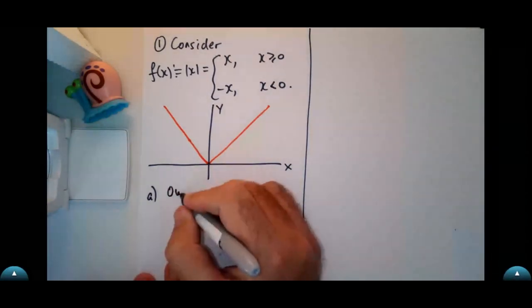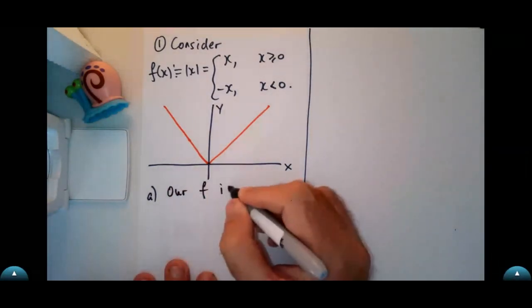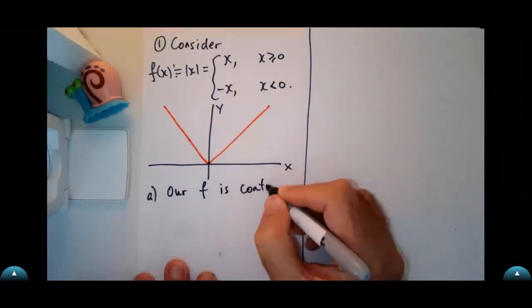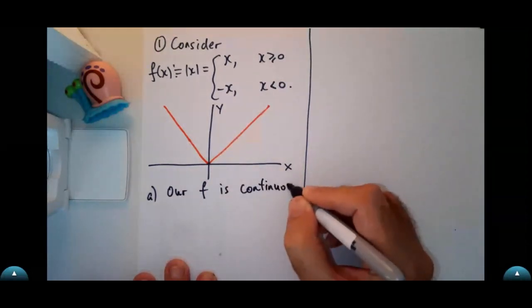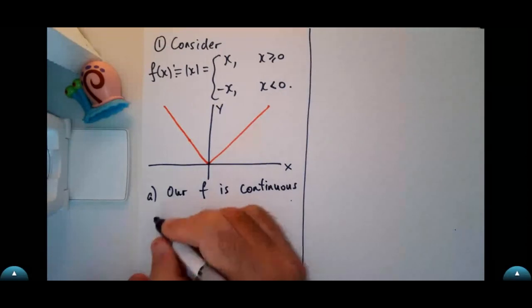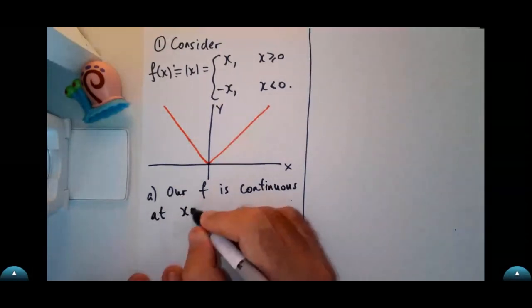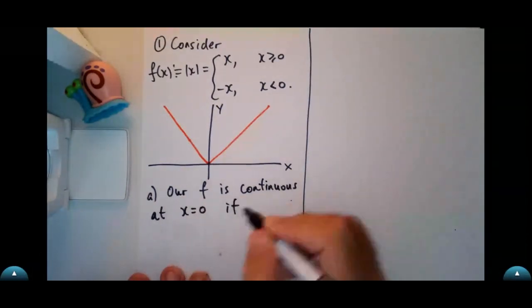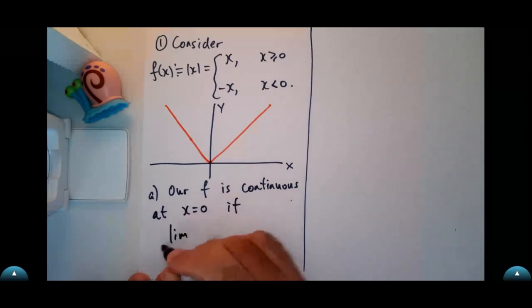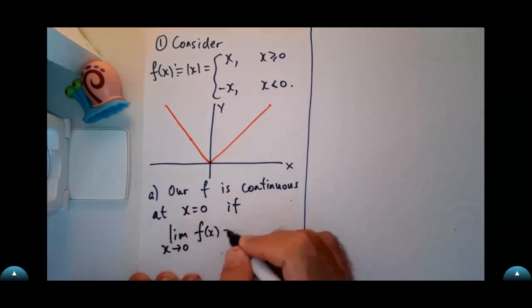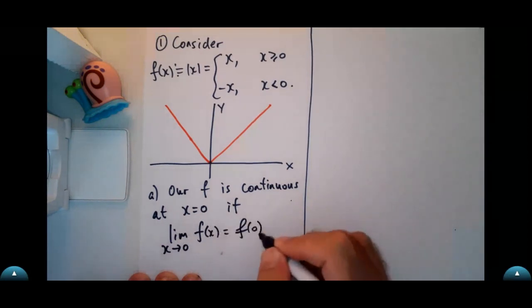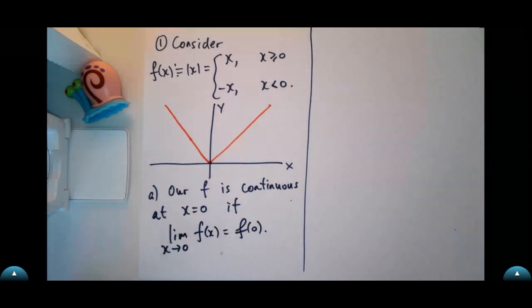So let's work out what the condition for continuity at a point is. We want the limit to be equal to the value at that point.